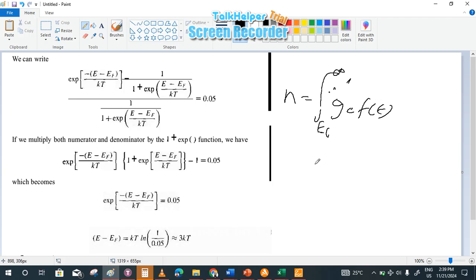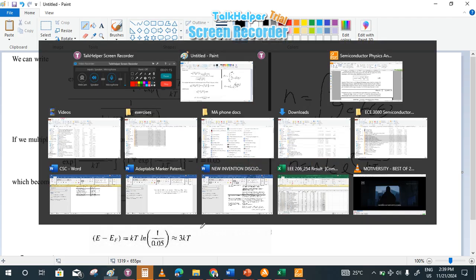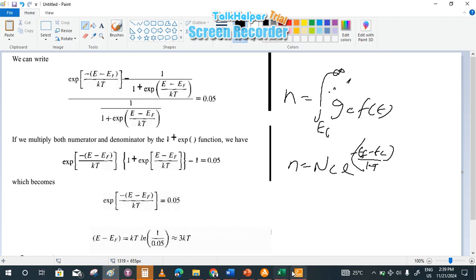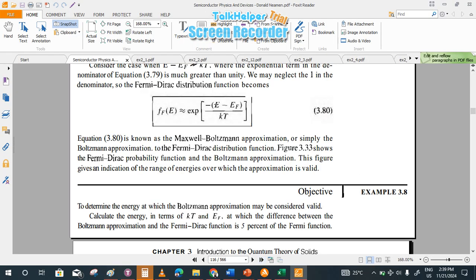And you now realize that your n is something like nc exponential minus (Ef minus Ec) over kT. It is gotten from here. It is gotten from here. It's gotten from here, this probability of occupancy.